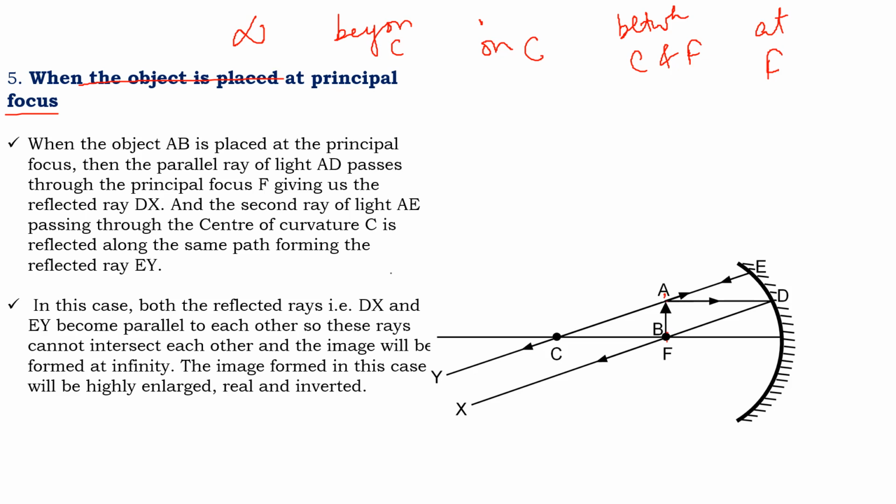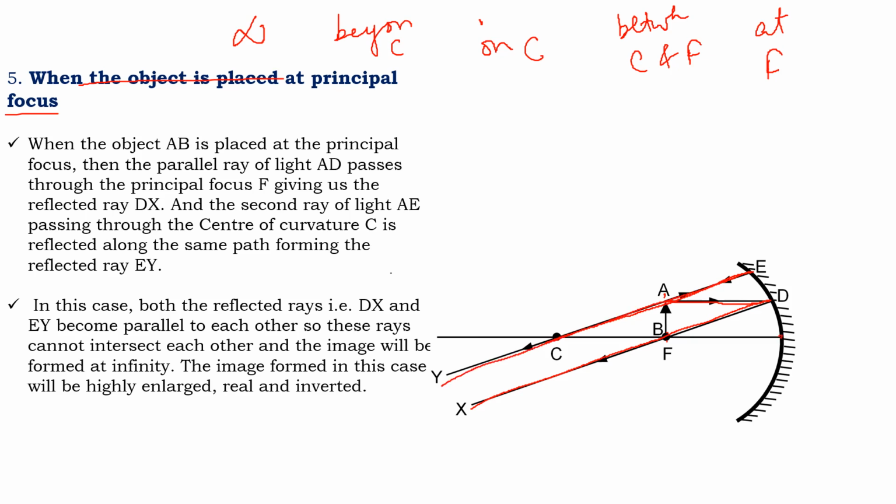The first rule says a ray of light passing parallel to the principal axis after reflection will pass through the focus. This is clear? Second rule is a ray of light which is coming from the center of curvature will follow the same path.